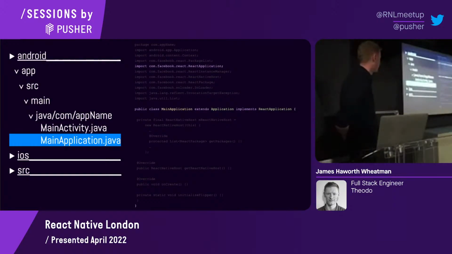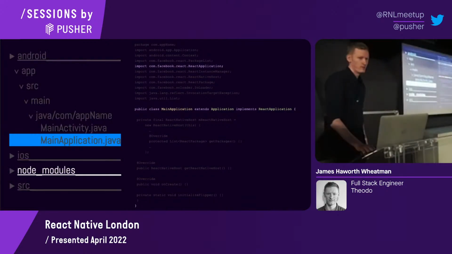But something that you might notice if you've had a look around your native project is there is no place in your actual native project called com.facebook.react. Does anyone know whereabouts this code actually lives? Getting some shaking heads. Okay, well, the secret is it's in your node modules.